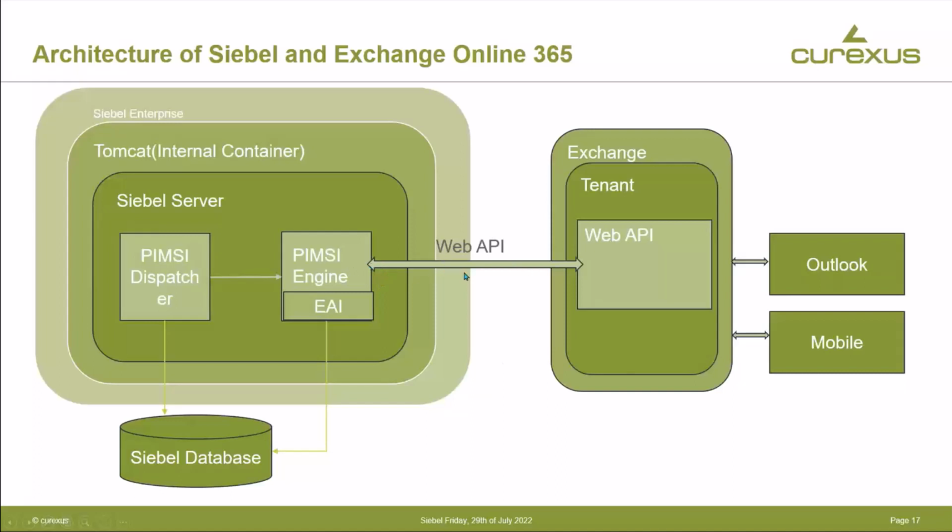So data is running vice versa, but in Exchange there is no job. So the PIMSy engine will pull everything from Exchange. You don't have to activate some jobs or plugins or things like that on Exchange. There's no footprint from Siebel in the Exchange. Everything is fetched from the PIMSy engine.